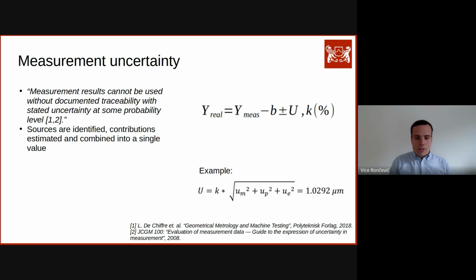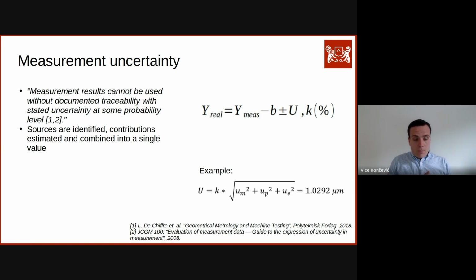It is essentially saying, I have measured this part, either the diameter, the width, or the height, doesn't matter.